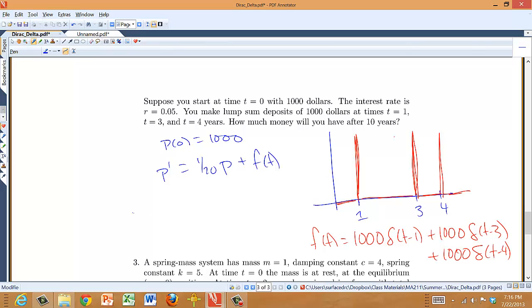So here's my differential equation. P prime is going to be 1 over 20 P plus 1,000 times delta t minus 1 plus delta t minus 3 plus delta t minus 4. Okay, and that's it.